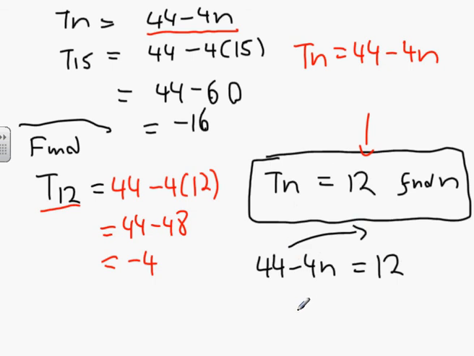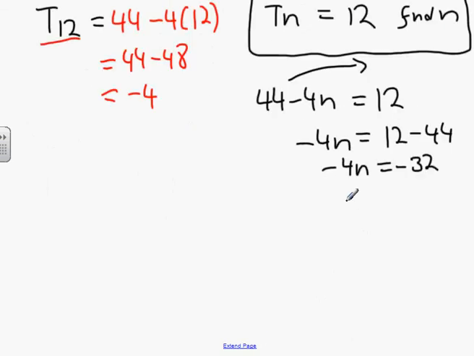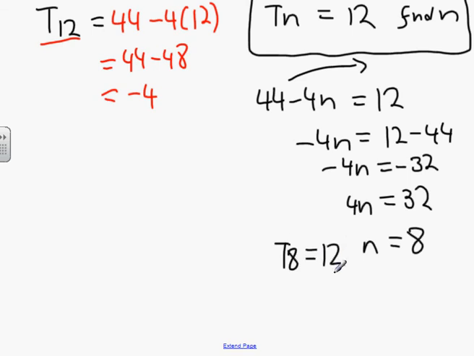Minus 4n is equal to 12 minus 44. Minus 4n equals minus 32. What can I do to both sides? Change the sign. Divided by 4. N equals 8. Means T8 is equal to 12. Okay. Bear that in mind.